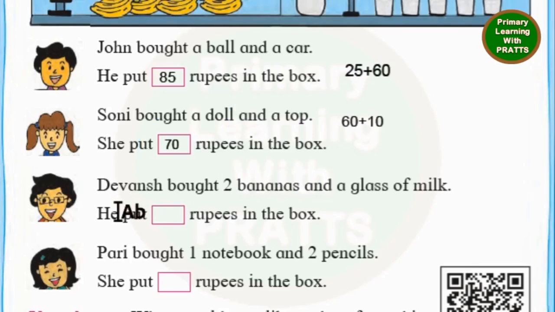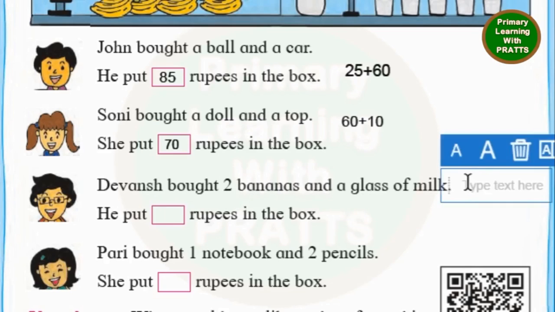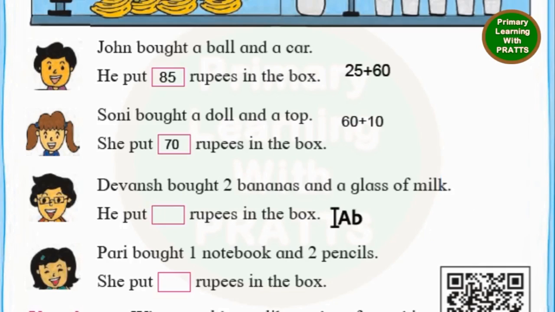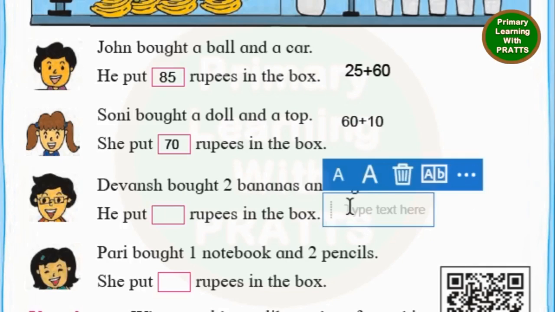Next, Devansh. Devansh bought 2 bananas and a glass of milk. Now remember we had said they had given the price for a dozen bananas, which was 36, and each banana was costing rupees 3. So 2 bananas will cost how much? 3 into 2 is 6. So first we will write 6. And what else did he buy?